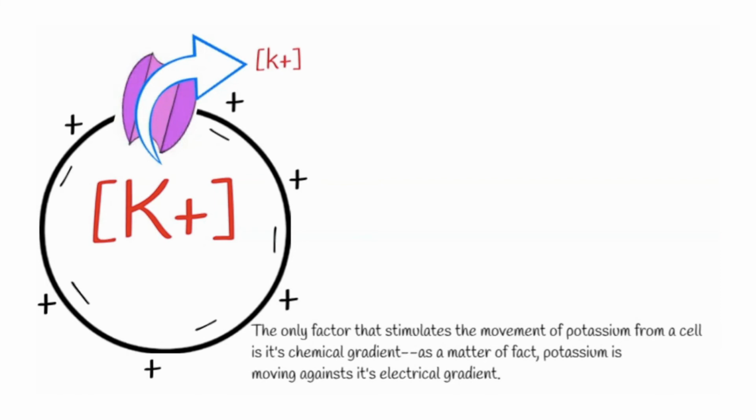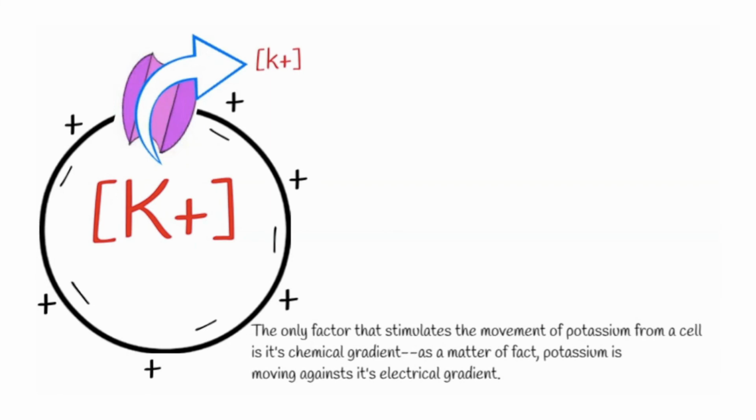The answer to that is absolutely not, because potassium is positively charged. The outside of the cell is positively charged. Like charges repel each other. So based on charge alone, potassium would not want to leave the cell.